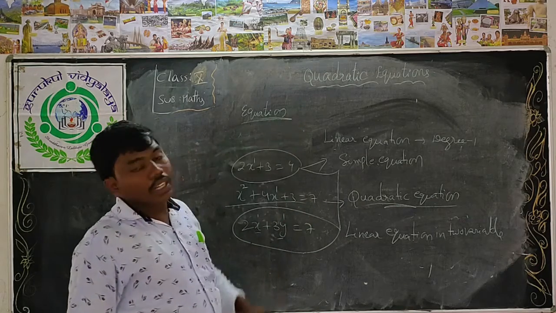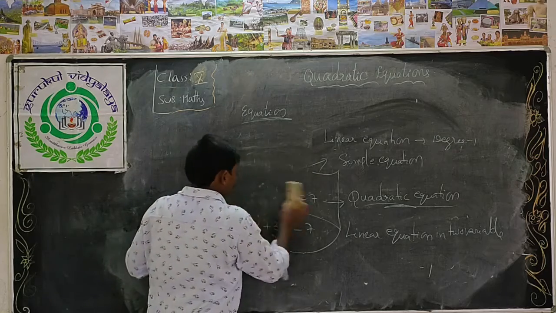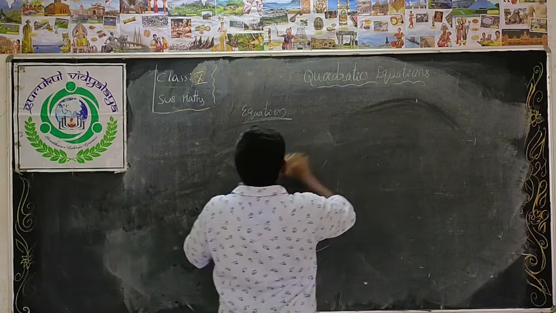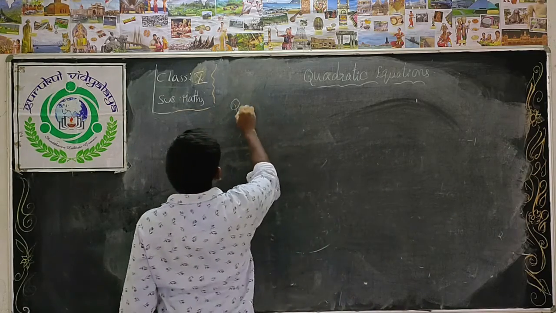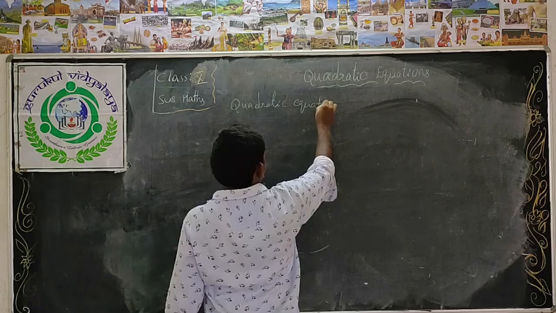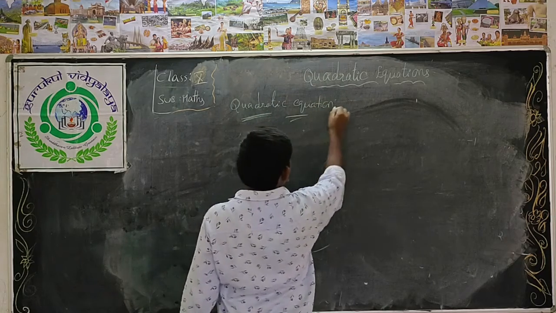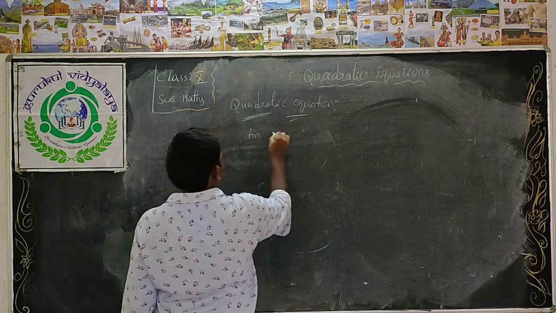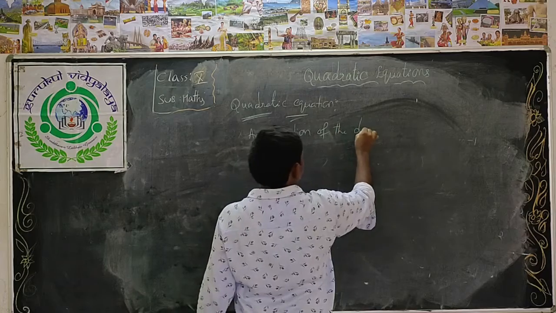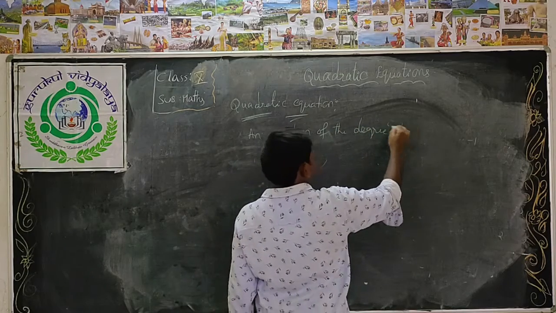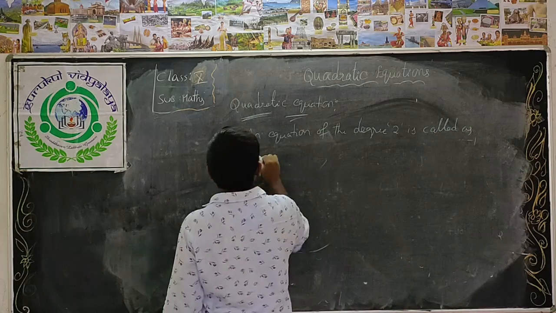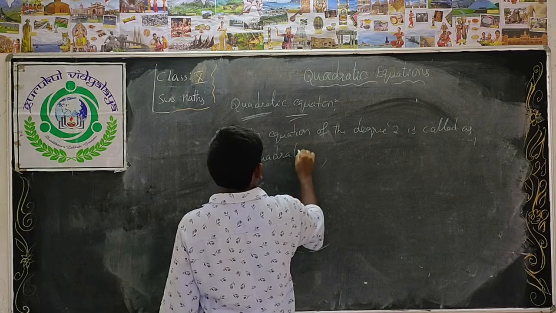We have quadratic equations. What is the quadratic equation? I will say again the definition of quadratic equation. An equation of the degree 2 is called a quadratic equation.